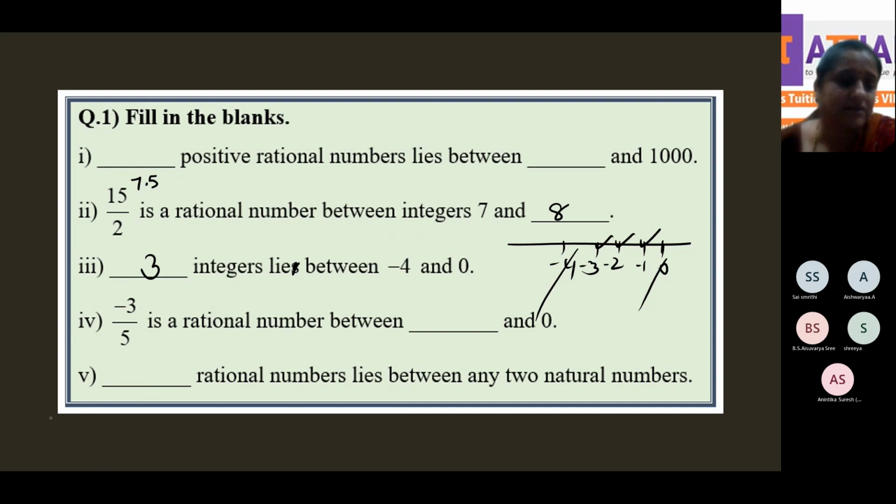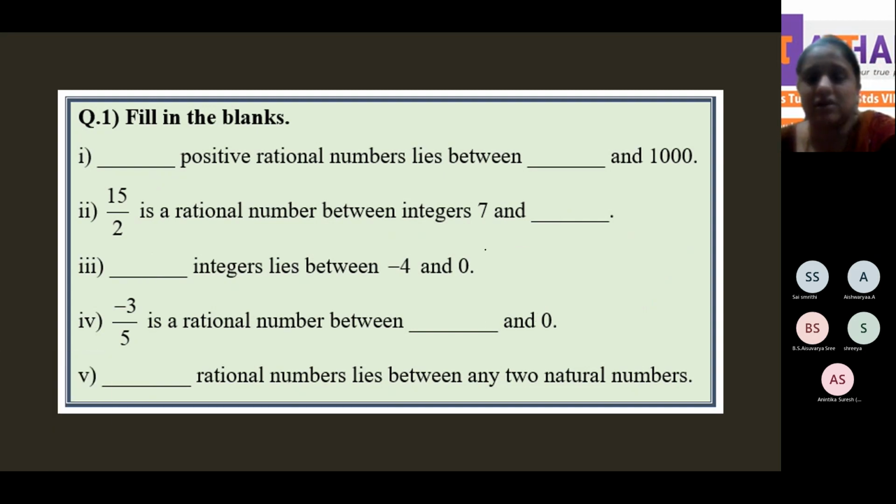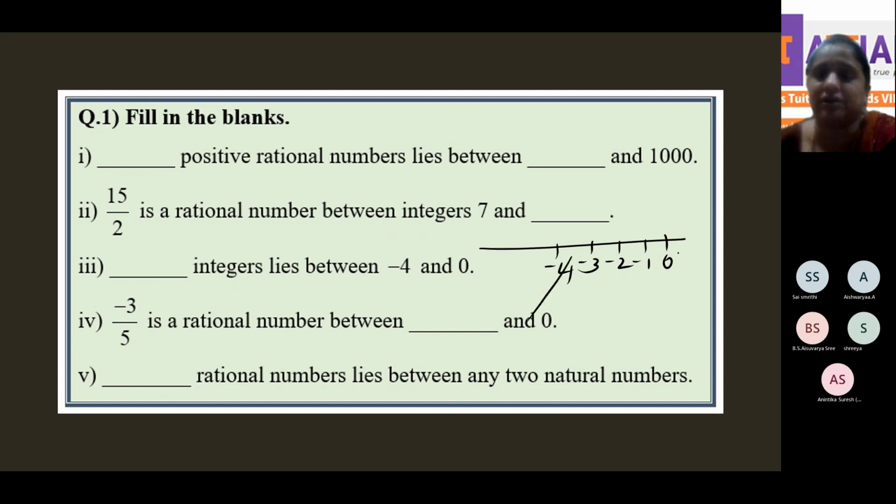See, I'll write it again. Number line 0, -1, -2, -3, -4. Between -4 and 0, so not included, not included. Integers only, not rational numbers: 1, 2, 3. 3 integers lie between -4 and 0.